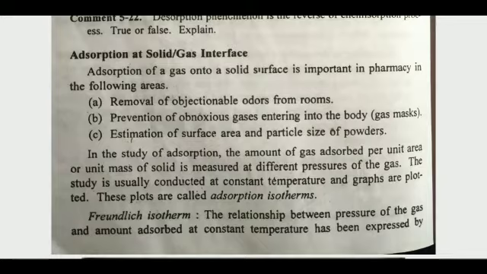In absorption at solid and gas interfaces, we study the amount of gas absorbed for unit area or unit mass of solid measured at different pressures of gases. This process is conducted at constant temperature.